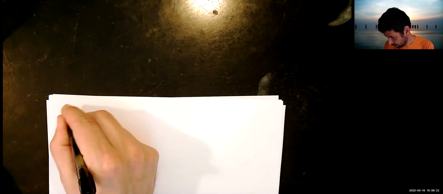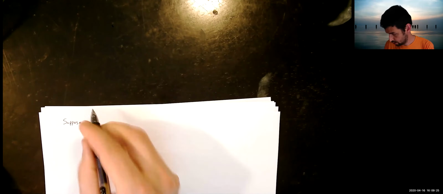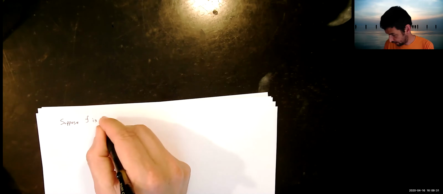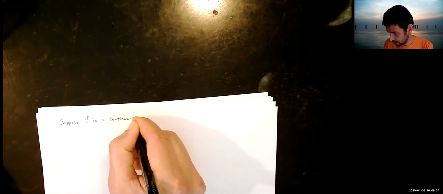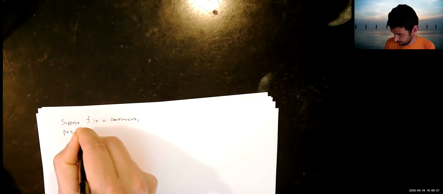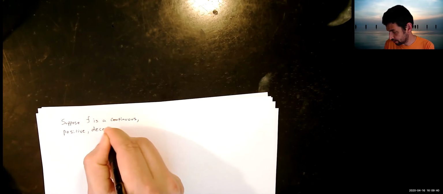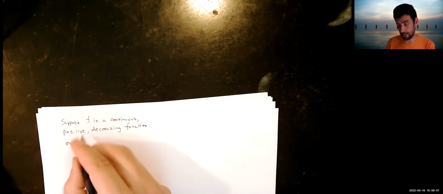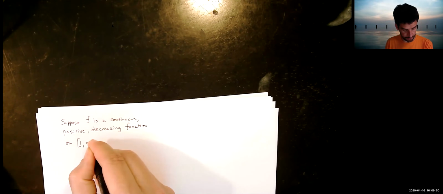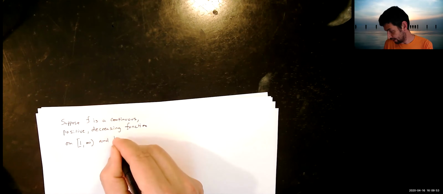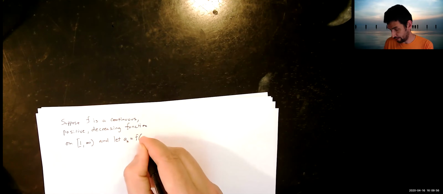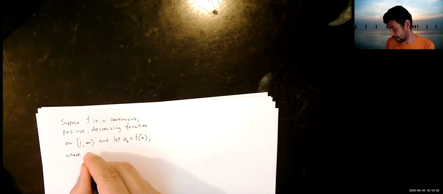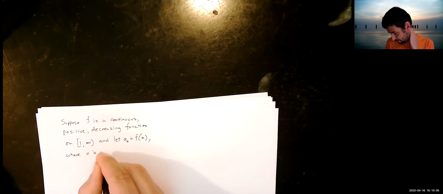So let's say, suppose f is a continuous, positive and decreasing function on the interval 1 to infinity, and let a sub n equal f of n, right? Where n is in the set.